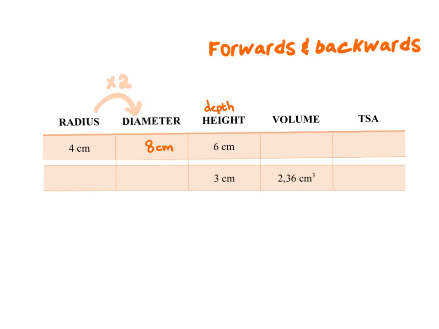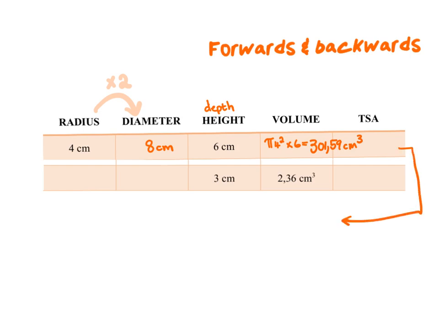So now if we need to calculate the volume of the cylinder, I need to say pi times 4 squared times a height or a depth of 6, and that will give you a value of 301,59 centimeters cubed.